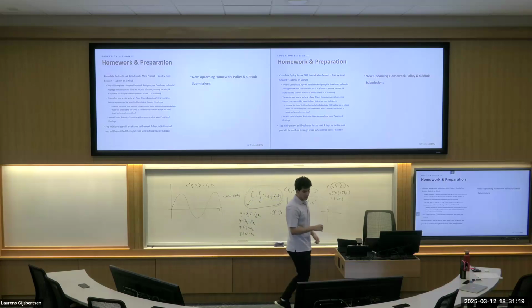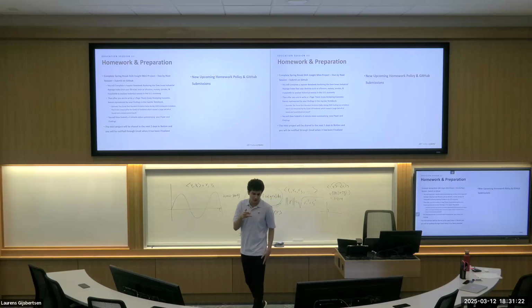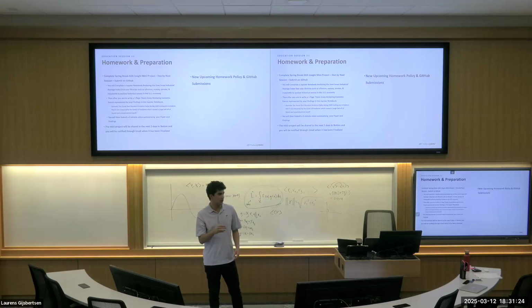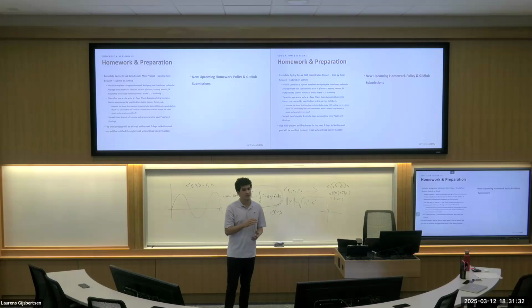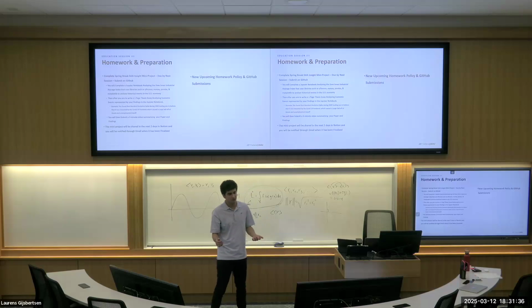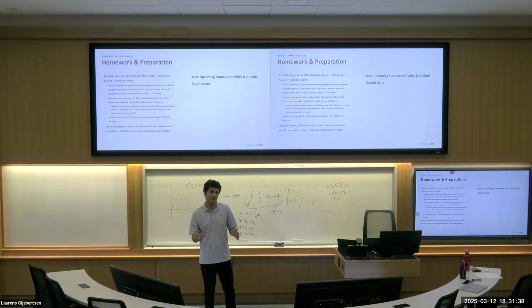I also want to hit on the new upcoming homework policy in GitHub. We're creating a system to make sure we have grading done and completion tracked. When that system is in place, we're gonna send out an email giving you a 5-day grace period. But we expect no missing assignments.